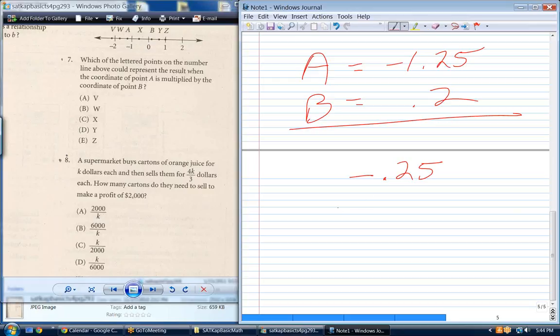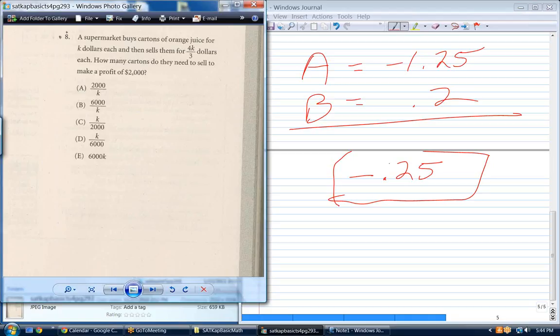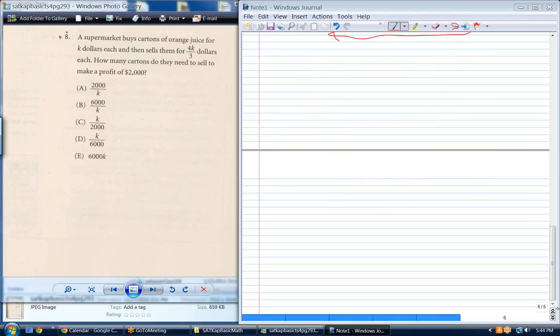So there's only one point that could be even close to that. What is it? X. So it'd be C. All right, that makes sense.